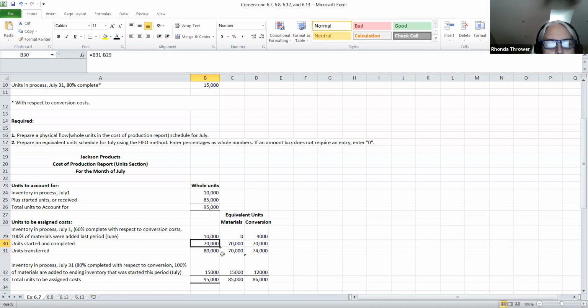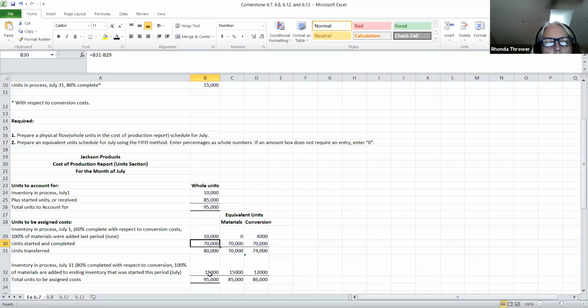So you can find the units that were actually started during this period of time and finished during this period of time by subtracting the beginning inventory units from the units transferred. So subtract your beginning inventory units from the units transferred, and that will give you the units that are started and completed. So once you know the units started and completed, you could go back and add the beginning inventory units to it, and it will give you the units transferred.